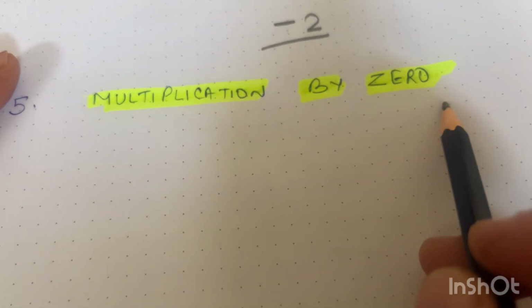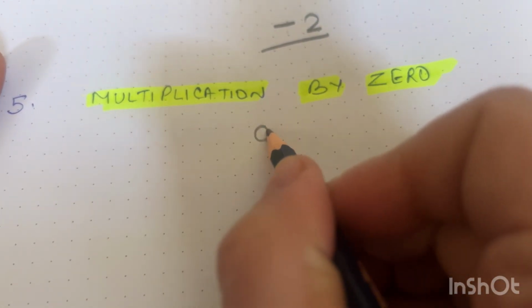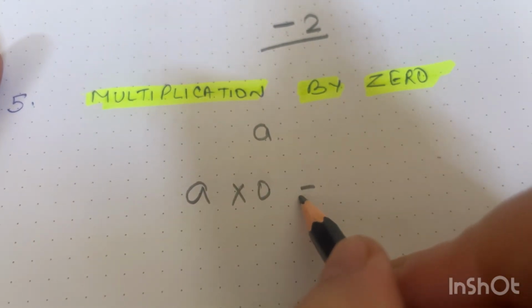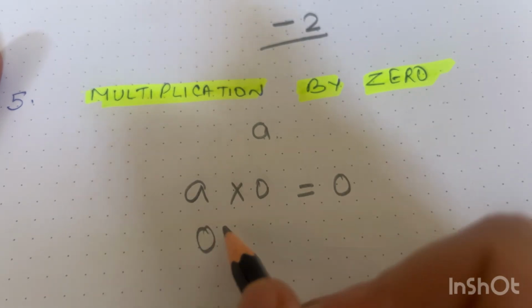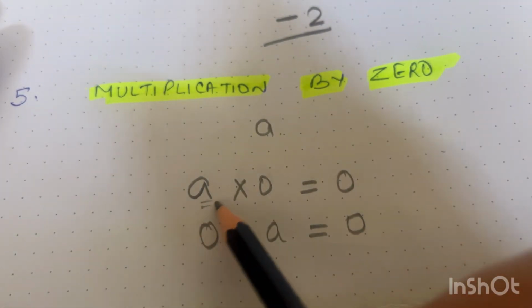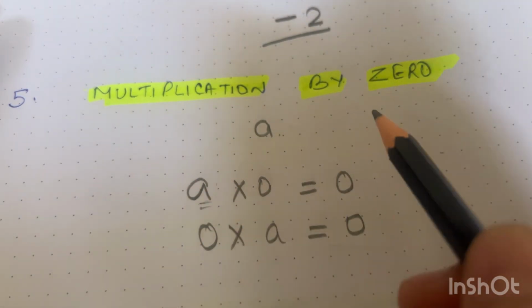Next is multiplication by 0, and the formula is, for any integer a, a multiplied by 0 is equal to 0, or 0 multiplied by a again is equal to 0. So in place of a we can put any number, suppose 1, 2, 3.